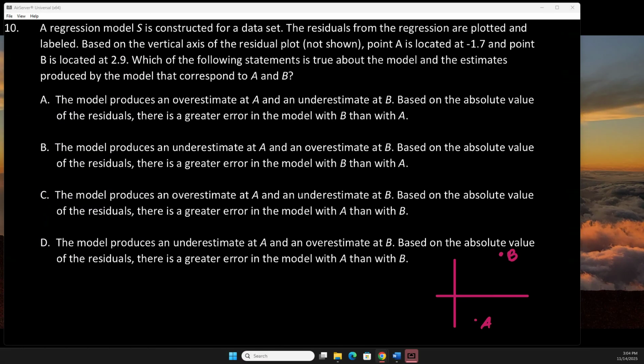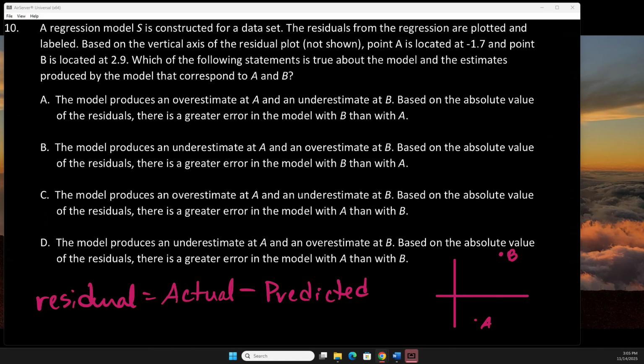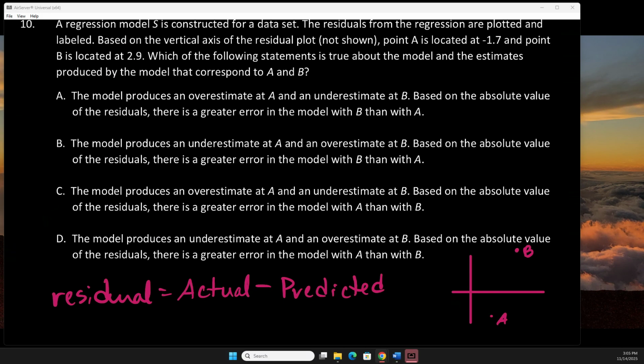Okay, and those are residuals, and residuals were found by taking the actual value, like from the data, and subtracting what the model gave you, the predicted. Sorry, I can spell predicted, I'm pretty sure. The predicted from the model.